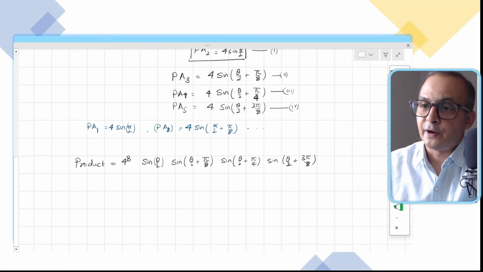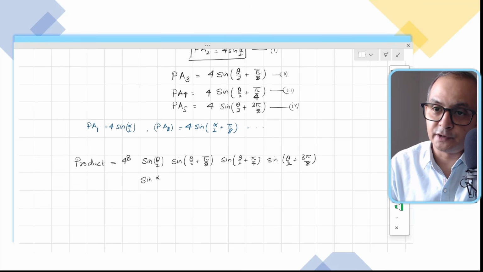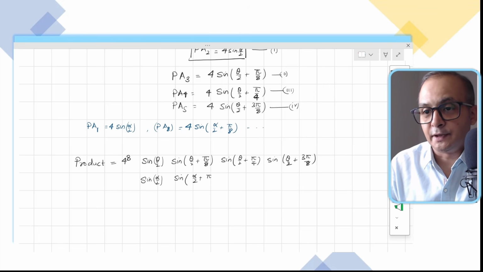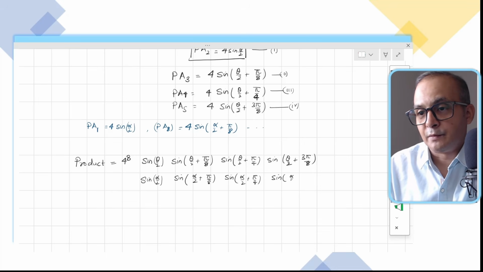Now again I'm writing the alpha version of it. So sine alpha by 2 here, then sine alpha by 2 plus pi by 8, sine alpha by 2 plus pi by 4, and sine alpha by 2 plus 3 pi by 8.